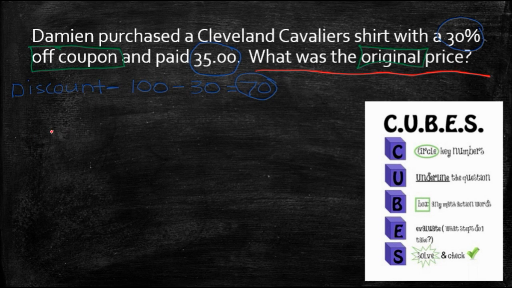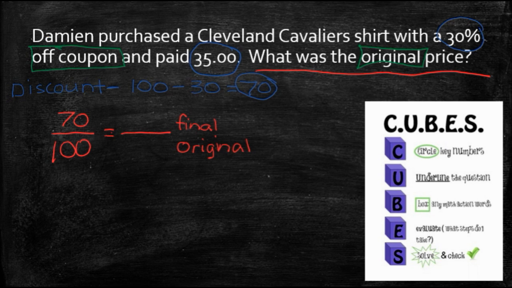So let me set up the proportion. On the upper left, we have our percent. So we're going to use 70. 100 always goes on the bottom left. Now we know that we have our final price and original price. This is where you're going to put those.